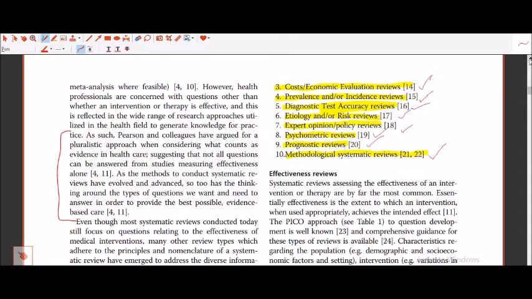Let me just take this one out, so that you are able to see it carefully and decide: do I have the right to use the PICO as it is and come up with this kind of a question, saying what is the effectiveness of exercise on the treatment of depression in adults?